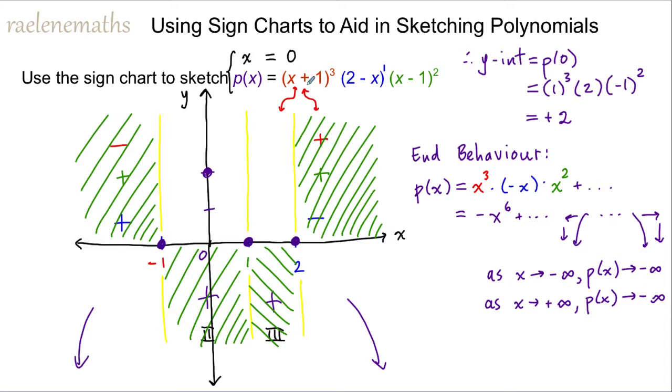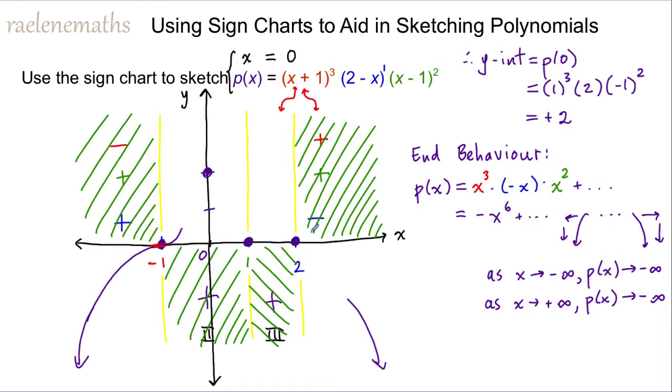The key is that at x equal to -1, we will have a horizontal tangent. And we see that from the sign chart and the end behavior, the graph has to come like this and continue like this. If the shading was reversed, we would have the other version of the x plus 1 cubic function or factor.